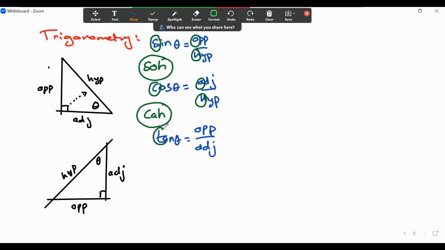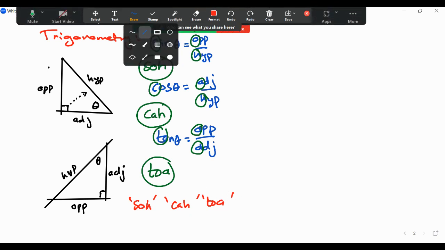Then we've taken T, O, and A, and we produce what is known as TOA. And so we try and remember this every single time we do right angle triangle trigonometry. So sine is opposite over hypotenuse, CAH, cos is adjacent over hypotenuse, and TOA, tan is opposite over adjacent.